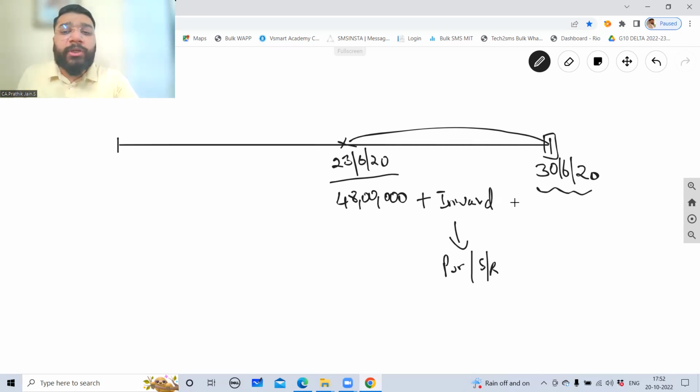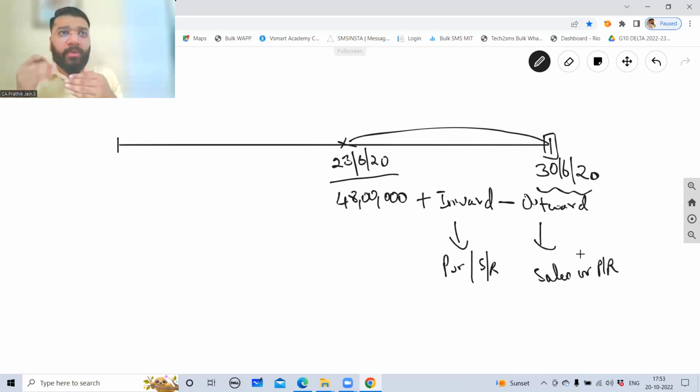And with this, you need to minus all the outward goods, which means because of sales or purchase return. When I do the sales from my godown, the goods go out of the business. If I do a purchase return from the godown, the goods go out. So you have to minus all this in such a way that you will arrive at the inventory value on 30 June 2020. Right?